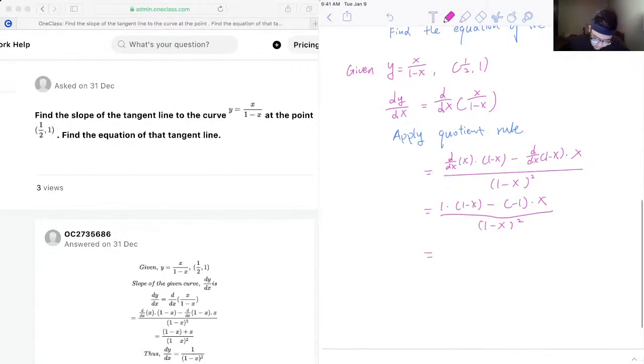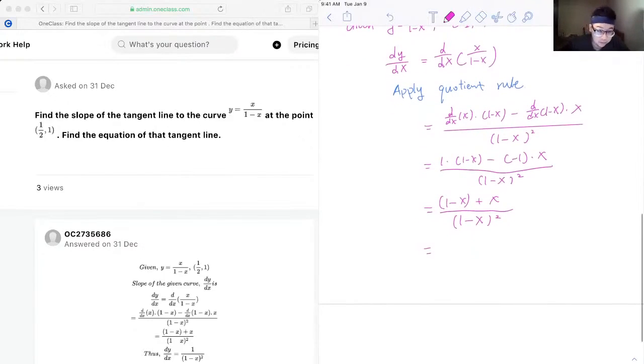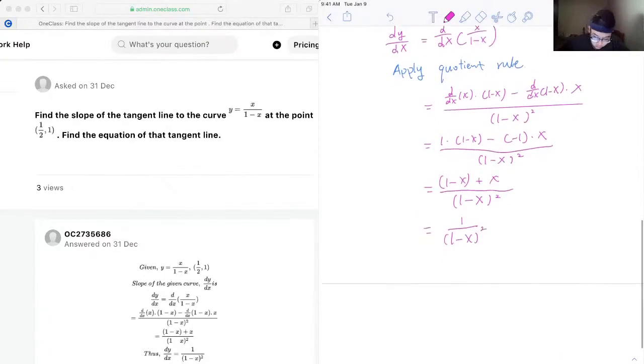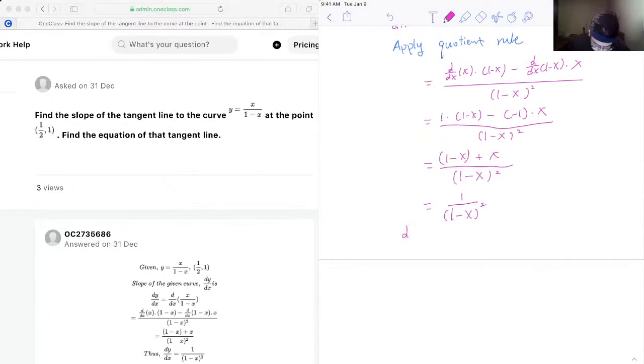That will give us 1 minus x plus x over 1 minus x squared. And by simplifying further, we will have 1 over 1 minus x squared. So now we know that dy/dx is equal to 1 over 1 minus x squared.